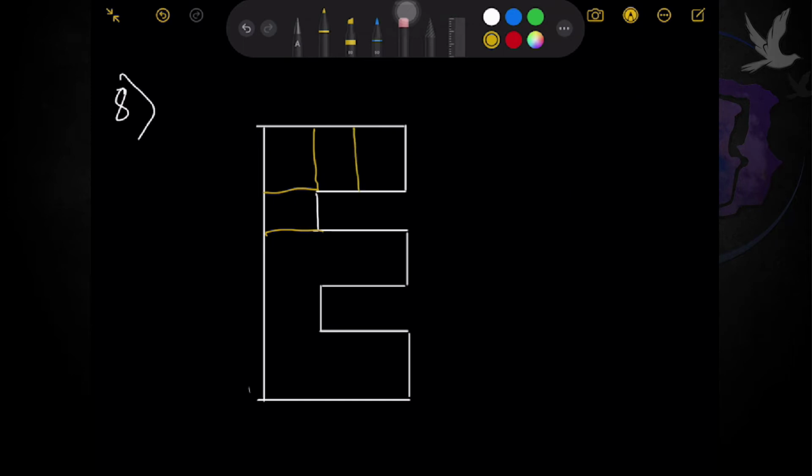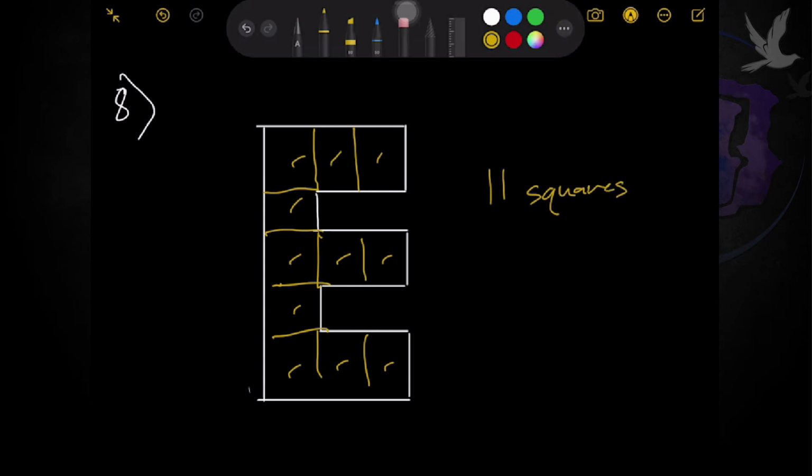And also here, so we have 1, 2, 3, 4. Do the same thing for the rest. 5, 6, 7, 8, 9, 10, 11. So we have 11 squares. But my drawing doesn't say so. So anyway, it's fine. It's hard to draw here. Okay, we have 11 squares.